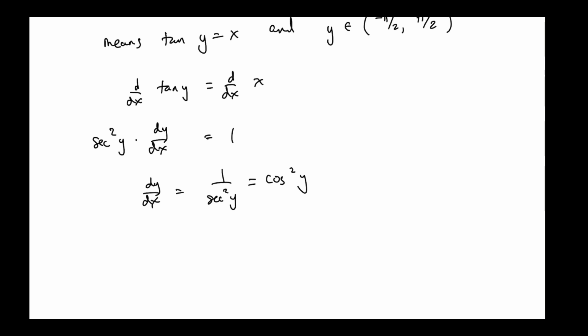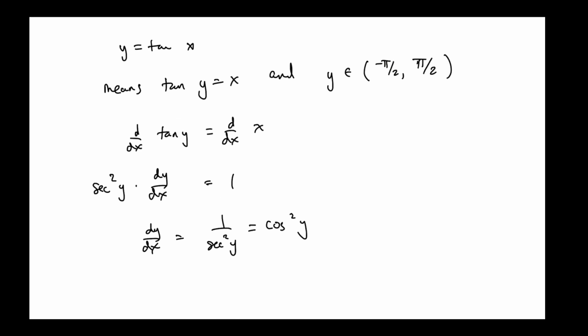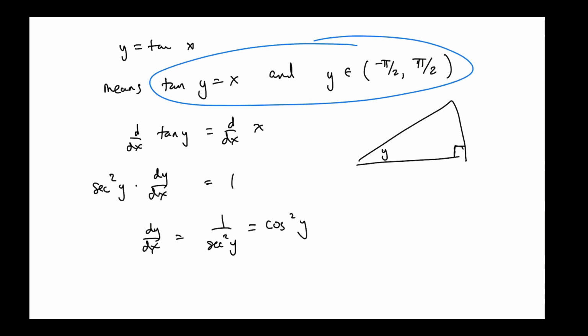So cos squared y. Now what do we do? Our triangle. Okay, so I'm going to draw a right triangle, and I need to start labeling things. Where's my angle? I'll put it the same place we always have. What do we know about this triangle?